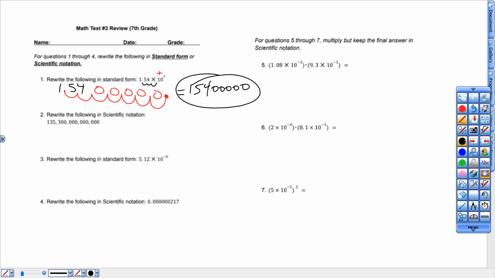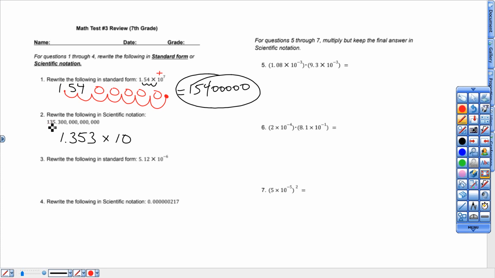But since it's positive, to this one right here, lady, did you put the decimal between the 1, the 3, and the 5? Because I think that's how they want you to write that. 1.353, and that would be times 10. Did you get 1.353 times 10 to the 13th? I'm going to find out, because if I have my decimal right here, let's see how many dip-de-doos it takes to get to the right.